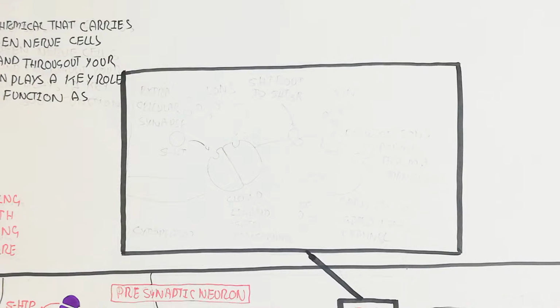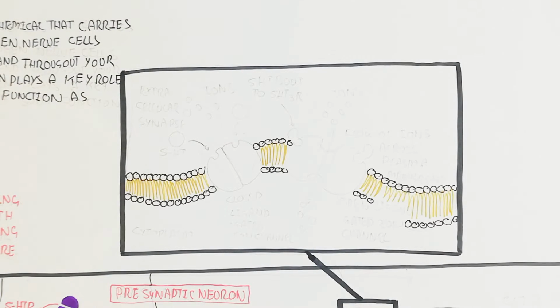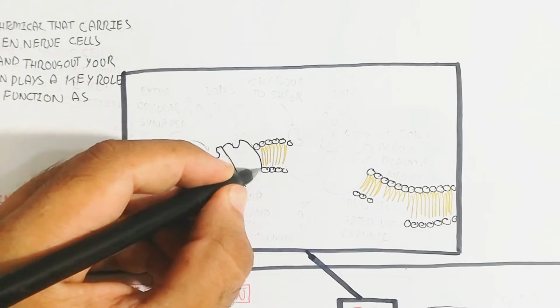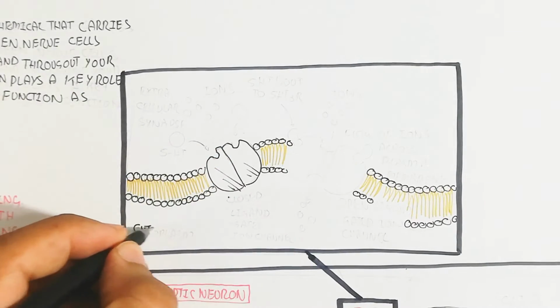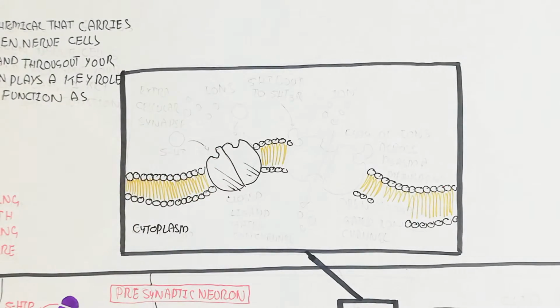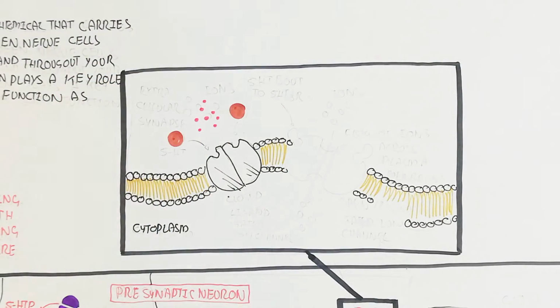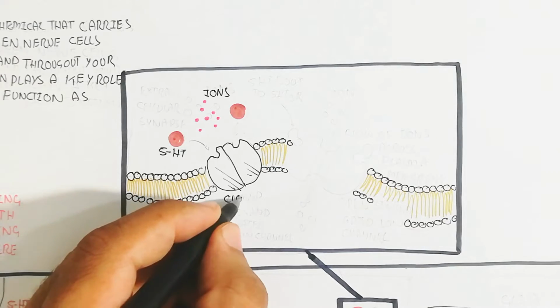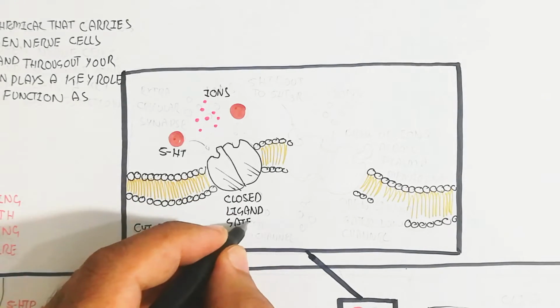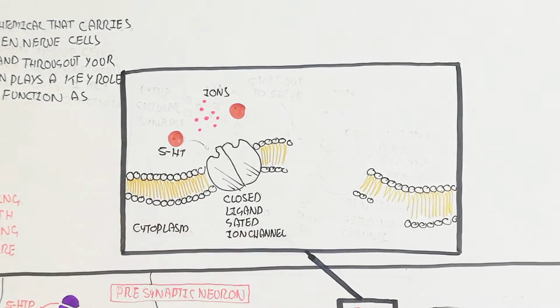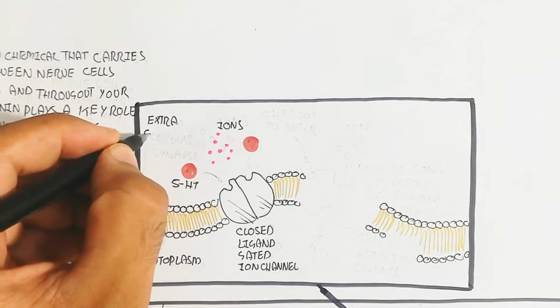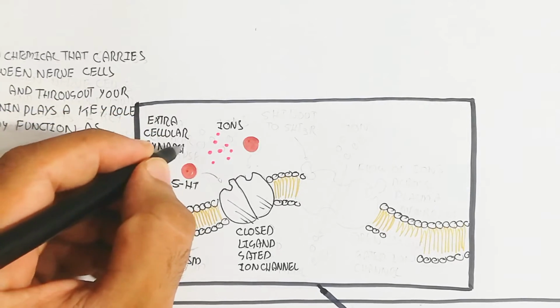This is the extracellular synapse, and the cytoplasm is here. It contains a closed ligand-gated ion channel when not bound with the serotonin 5-HT. So when the released neurotransmitter serotonin binds, it opens the ligand-gated ion channel.